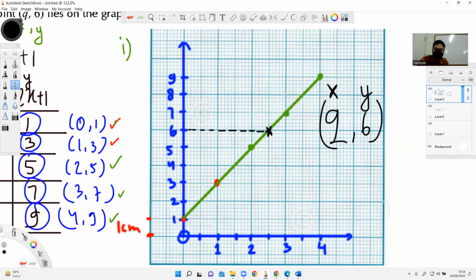This is the location of 6 as Y. And where is the X? Just go down and you reach the x-axis, which is 2.5 or 5/2. Understand, guys? Okay, nice. Let's see the next question.